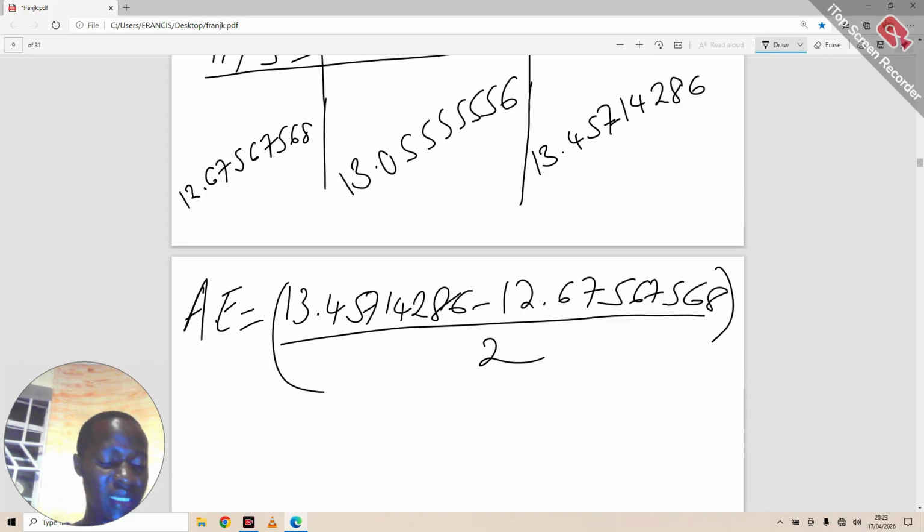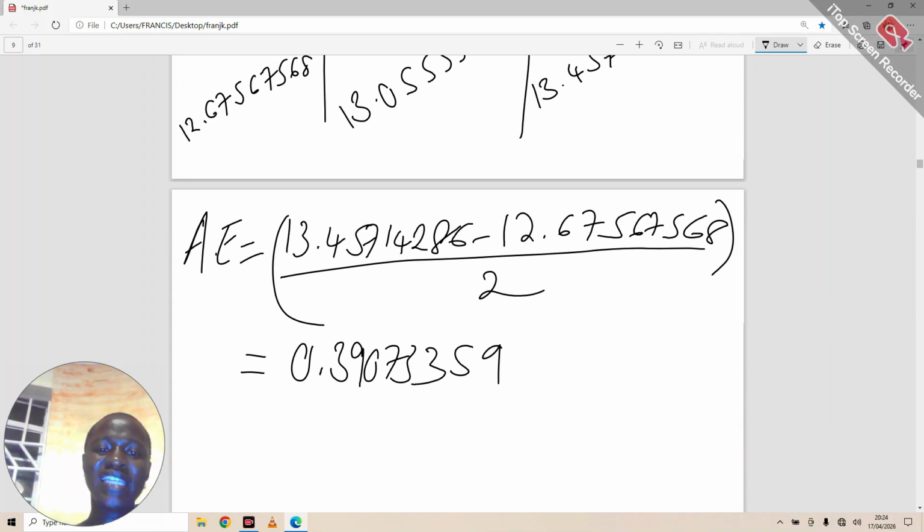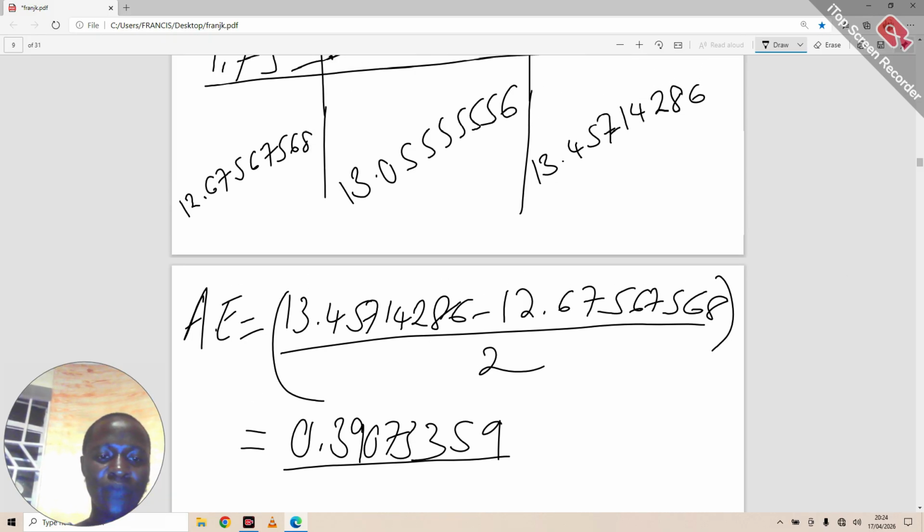So have that in your calculator. 13.45714286 minus 12.67567568, then divide by 2. I'll get my absolute error as 0.3907359.